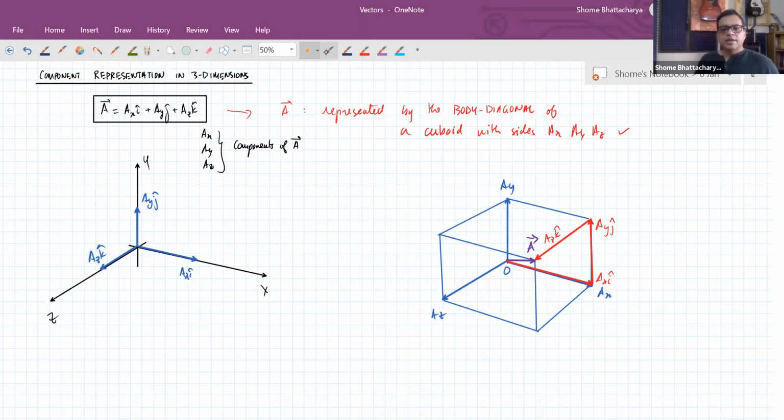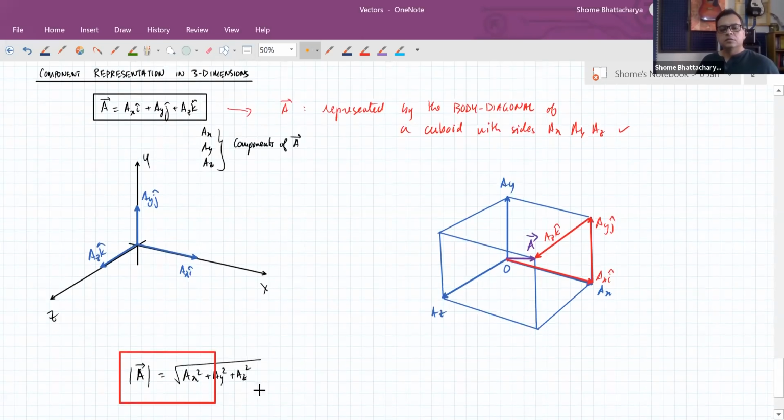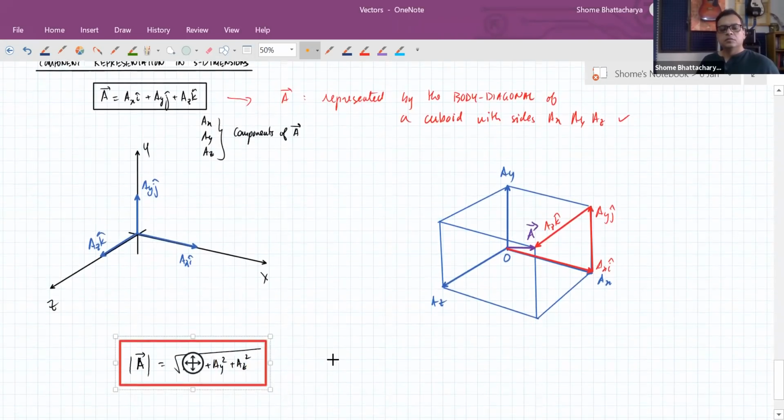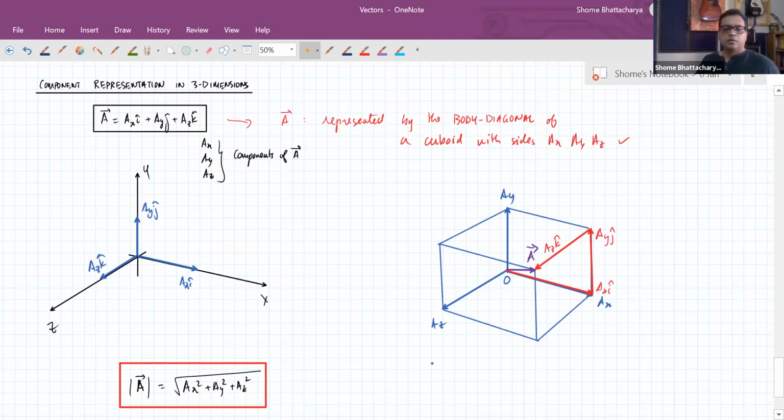Once you know that, it's very easy to understand that the magnitude of such a vector will be equal to the square root of ax square plus ay square plus az square. This becomes our formula for the magnitude of such a vector. And about the directions, we will discuss in a moment.